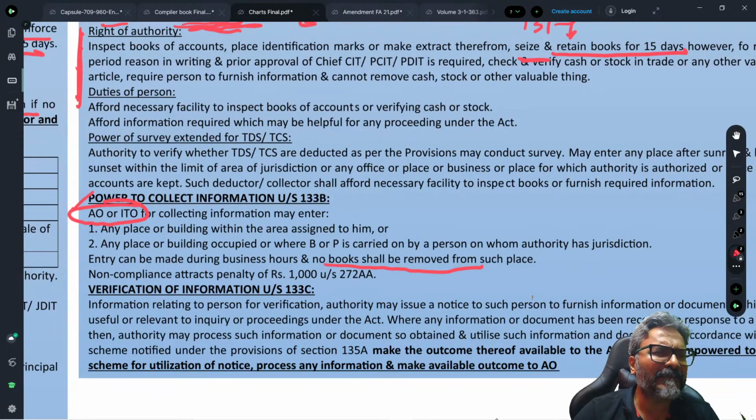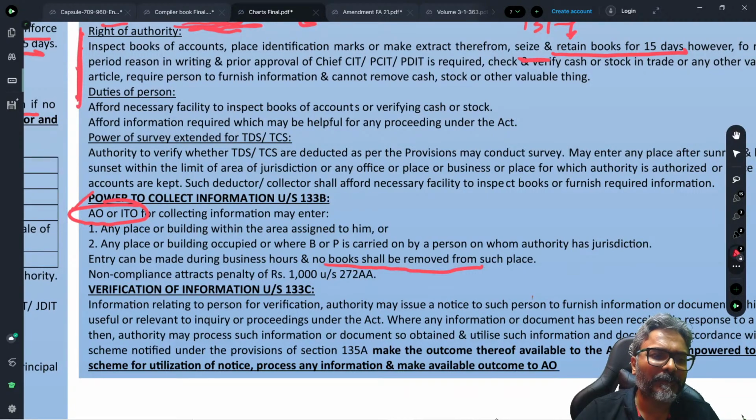This is one of the reasons why this section becomes very popular: I can go to his premises and gather whatever evidence I can get over there itself, without seizing or impounding the books of accounts. Is that clear to all of you, students?